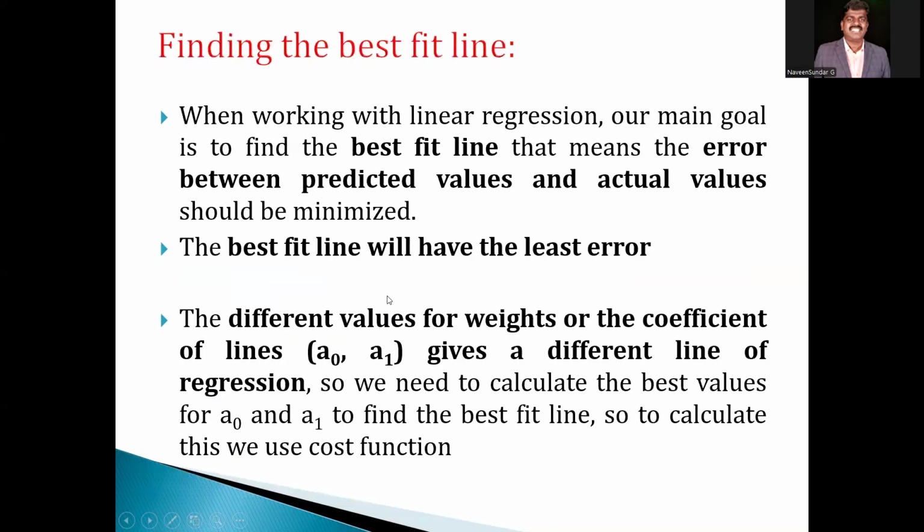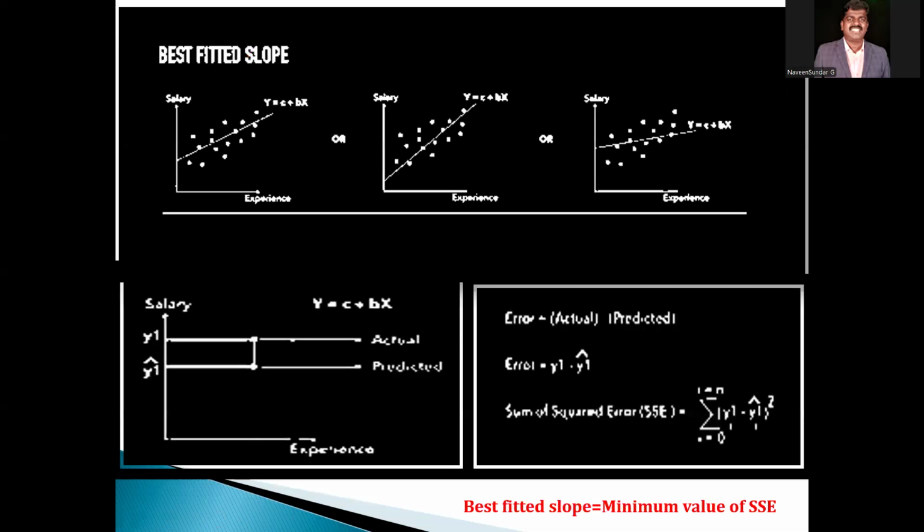That is how I can find the values of a0 and a1. The different values for the coefficients a0 and a1 give different lines of regression. So we need to calculate the best values for a0 and a1 to find the best fit line. To calculate this, we use the cost function, right? So how to do it?